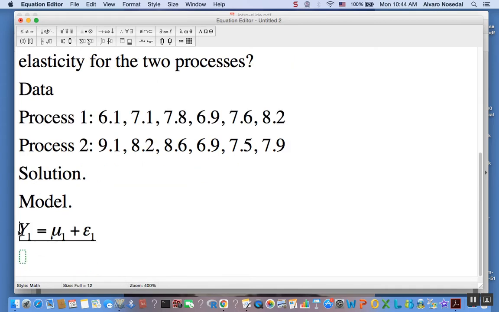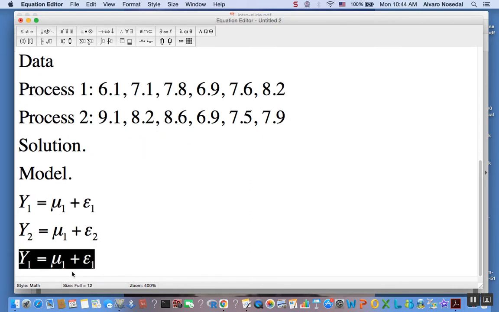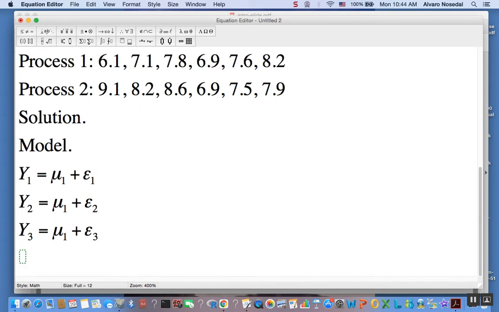And then I'm going to be doing the same for the other 6 observations. Since the second one comes from the same process, process 1, I'm going to be assuming that it has the same mean, but a different random fluctuation.